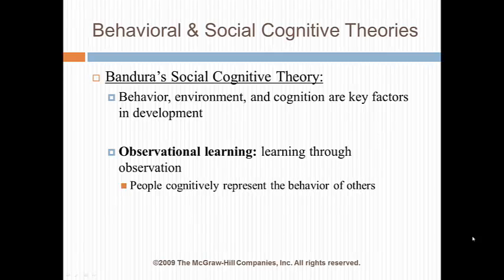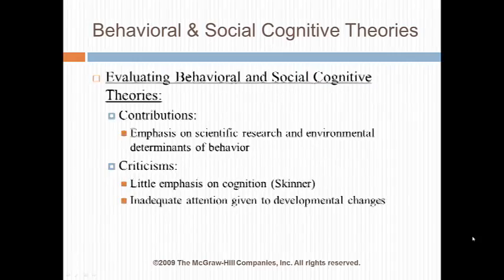He also emphasized observational learning, or learning by watching others. The behavioral and social cognitive theories are good in that they emphasize scientific research and environmental determinants of behavior. However, they lack emphasis on cognition and have inadequate attention given to developmental changes.